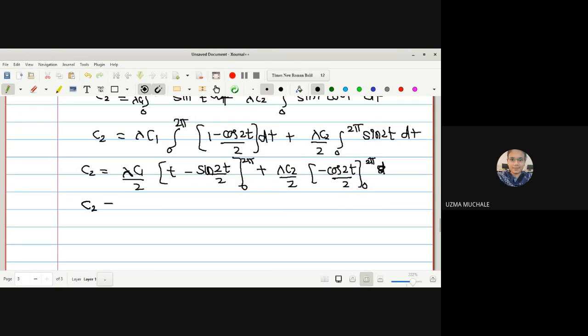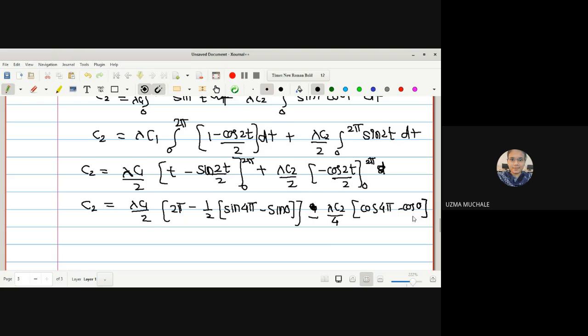C2 is equal to lambda C1 upon 2, 2 pi minus 1 by 2 outside. What I get inside this is sin 4 pi minus sin 0, plus lambda C2 divided by 4. Actually this plus this negative sign we can merge here. Lambda C2 upon 2 into 2, 4. So what I get is cos of 4 pi minus cos 0.